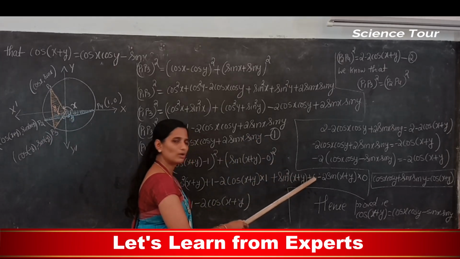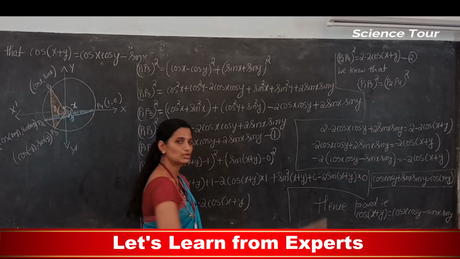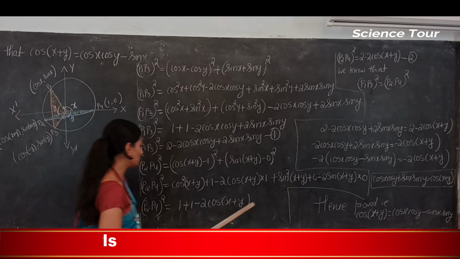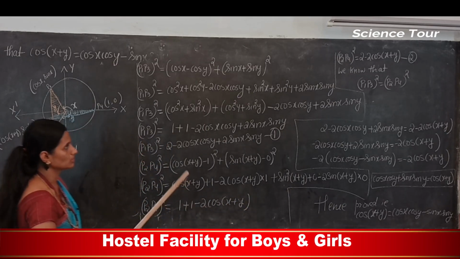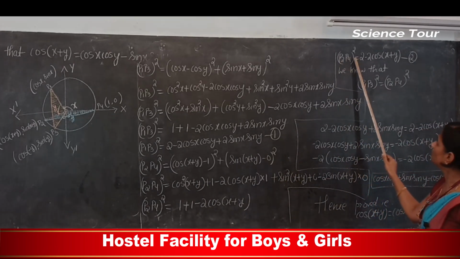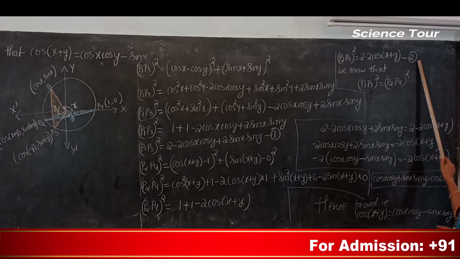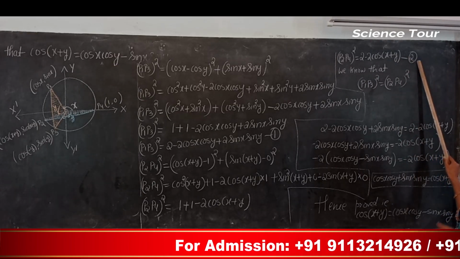Here 0 square is 0. See this minus 2 sin (x plus y) into 0 is 0. So that equation is equation number 2, that is P2 P4 whole square is equal to 2 minus 2 cos (x plus y).